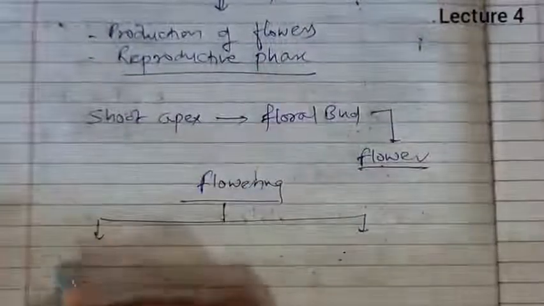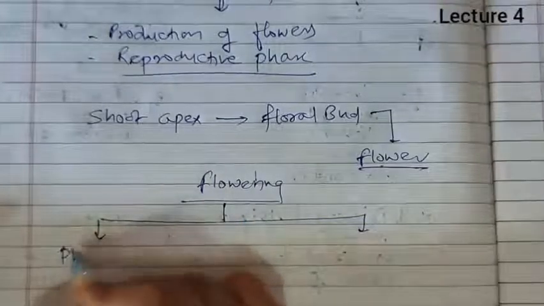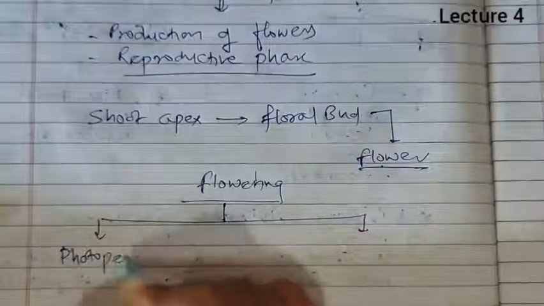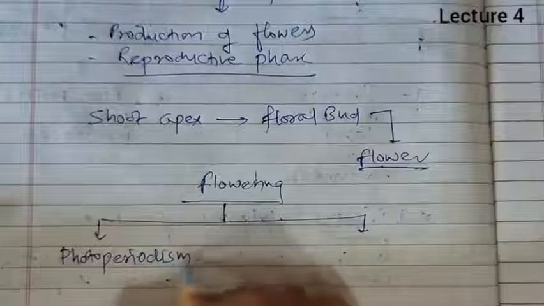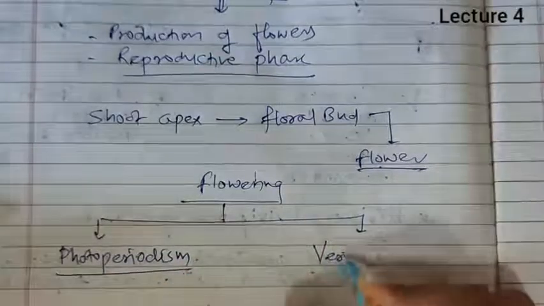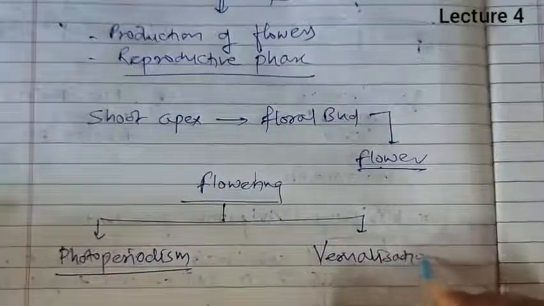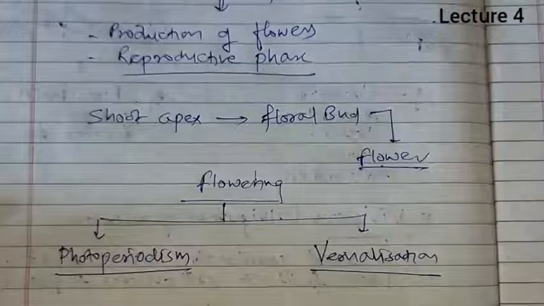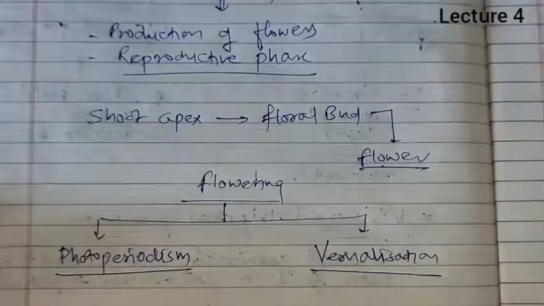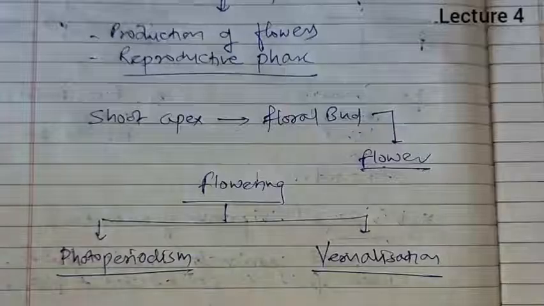So the flowering phenomena we are going to discuss are photoperiodism and vernalization. These are the two phenomena which are responsible for flowering. First we are going to talk about photoperiodism.